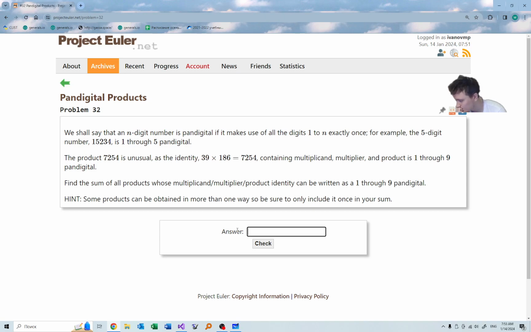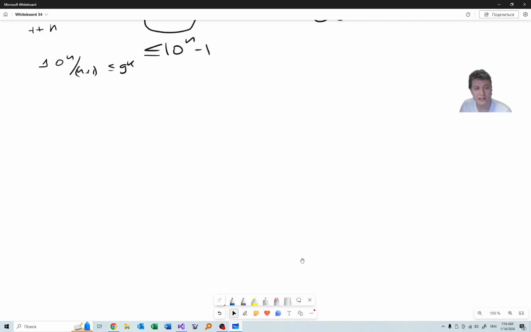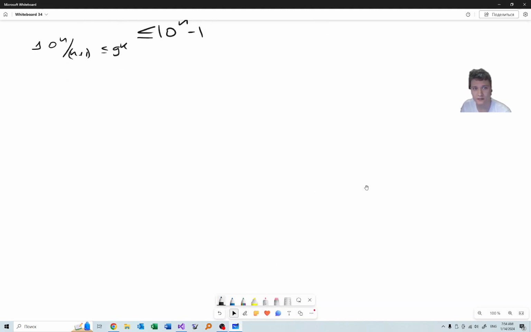So how many, let's think about how many digits can be in these two numbers.